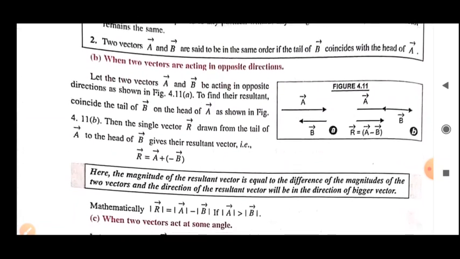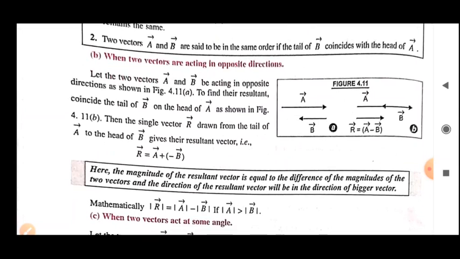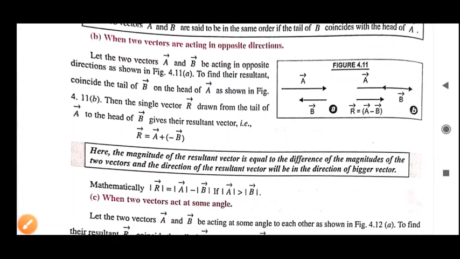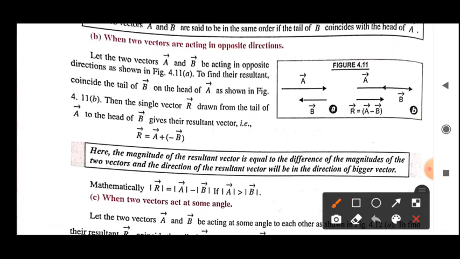The second case is when two vectors are acting in opposite directions. That was the example when they were acting in the same direction. Suppose we have two vectors A and B in opposite directions. First you put the vector A here, with its tail and head. Now you have to put the tail of vector B at the head of vector A. This is our rule.